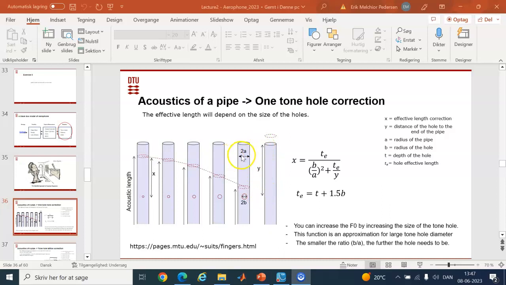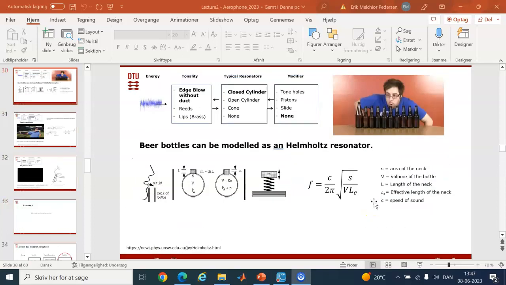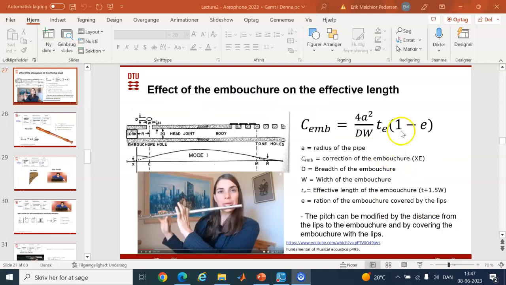A is the radius of the pipe. B is the radius of the hole. T is the depth. Oh, now it comes. T is the depth of the hole. Okay, according to the flute. T is the depth of the hole. So we have it here.